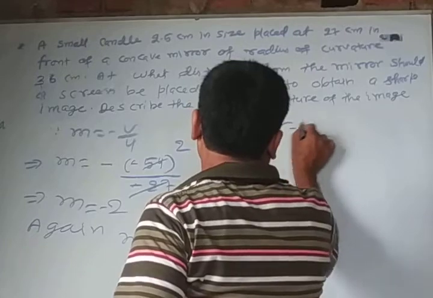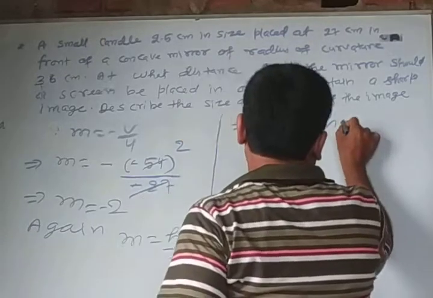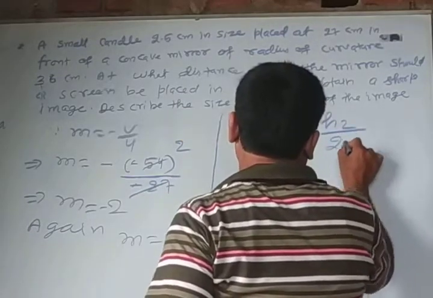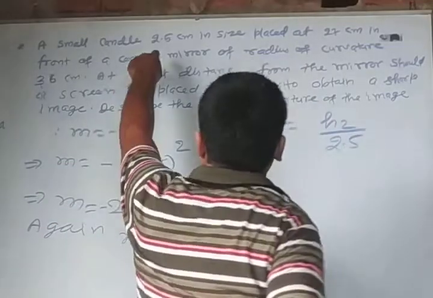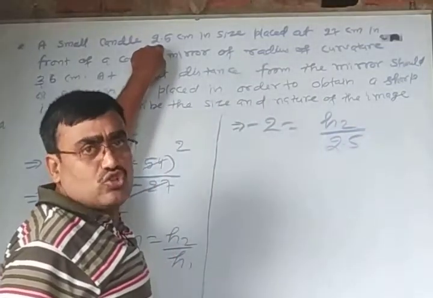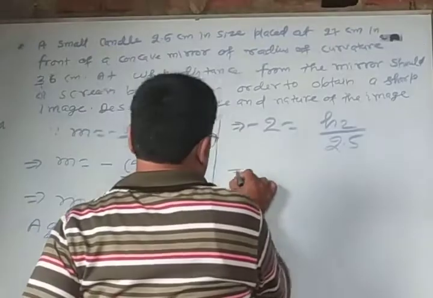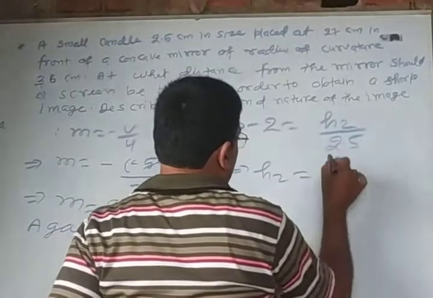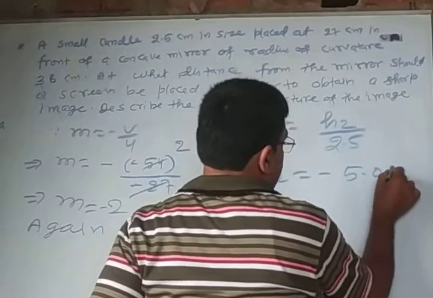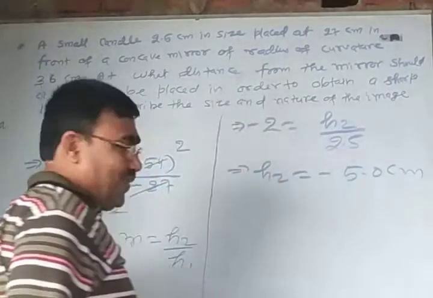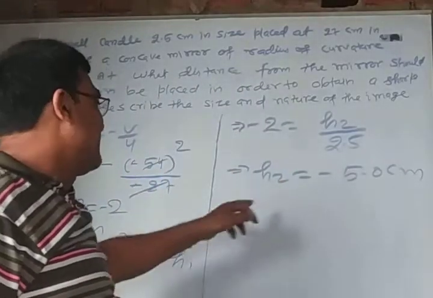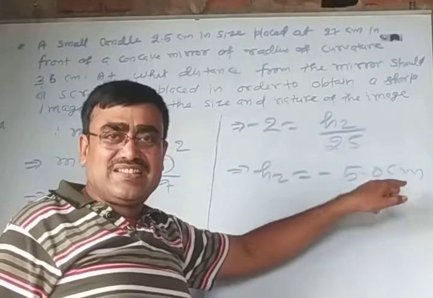Minus 2 is equal to h2 upon h1, which is 2.5 centimeter according to the question. Therefore, h2 is equal to minus 5.0 centimeter. Okay, this is the height of the image.